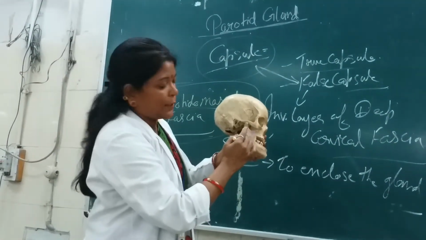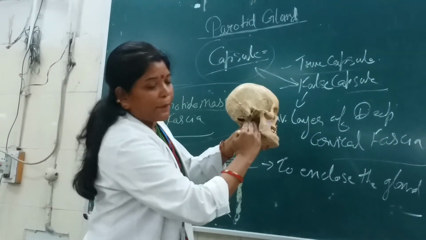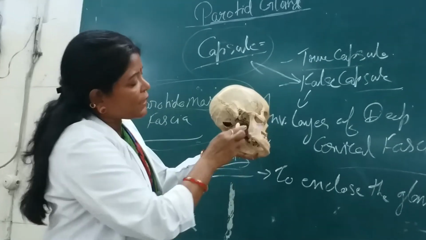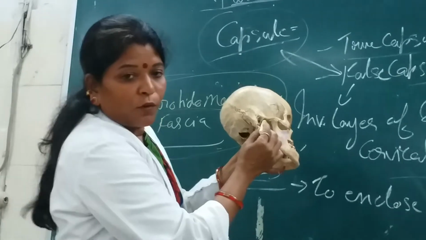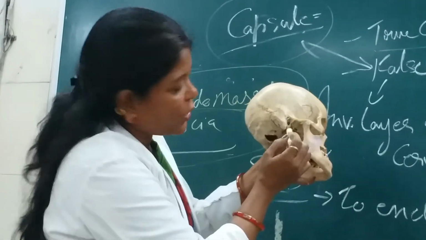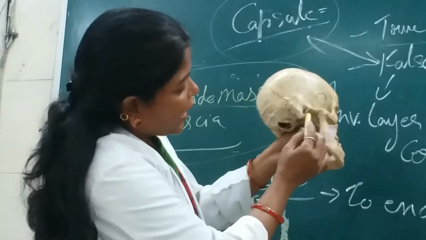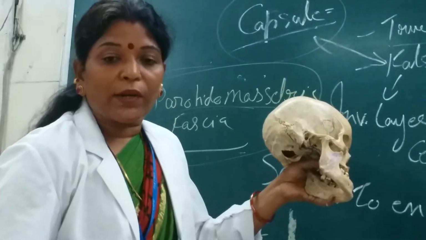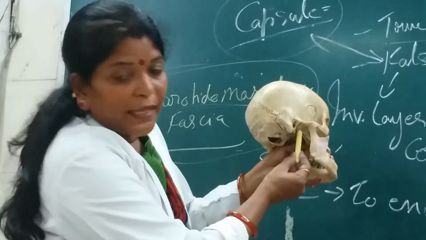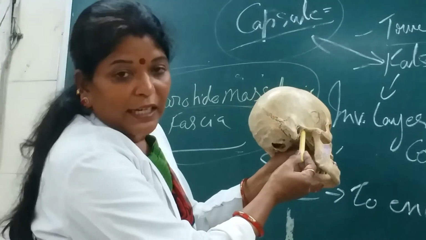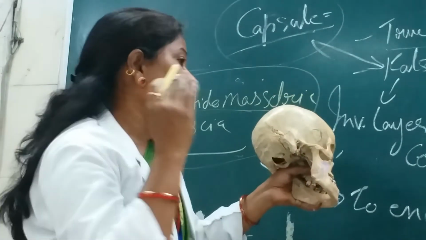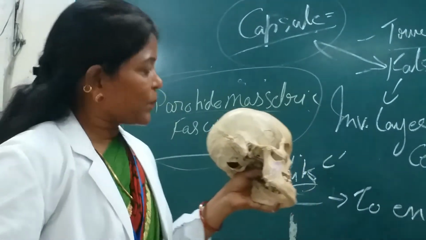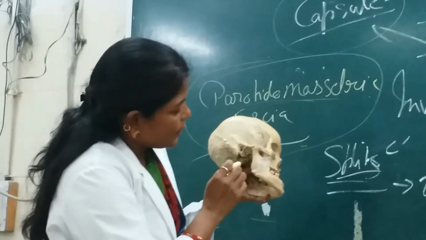Just opposite, the inner lamina, the deep lamina, is attached to the tympanic plate as well as the styloid process of the temporal bone, isn't it? Medially there is the styloid process as well as the external auditory meatus. So the deep lamina is thin and it is attached to these two bony points here.